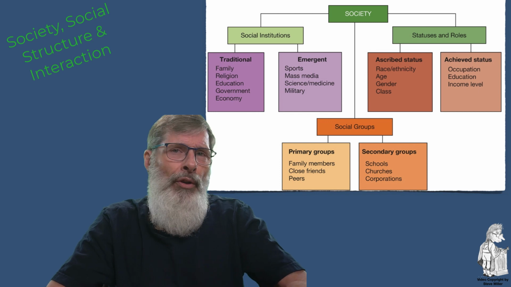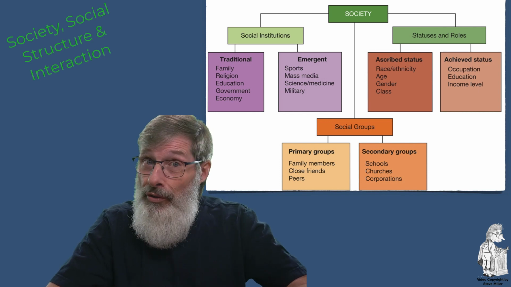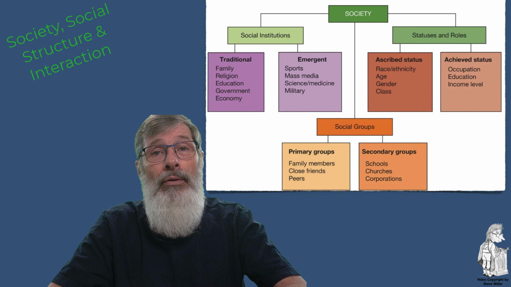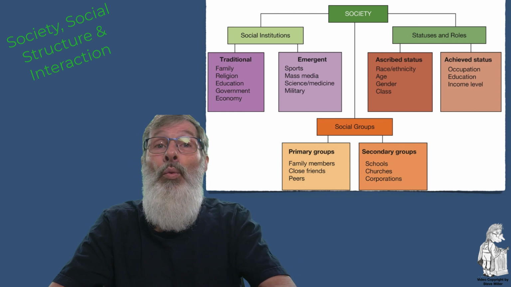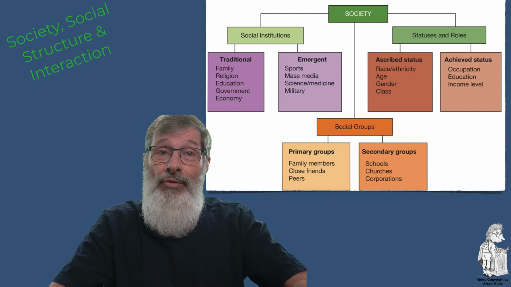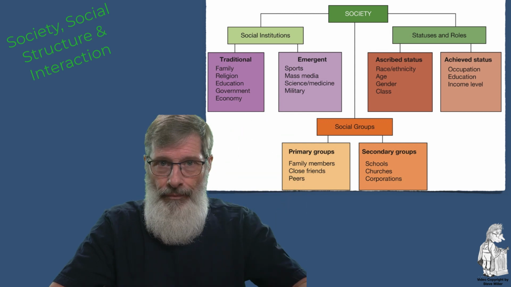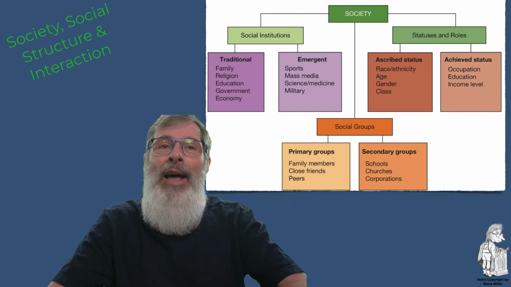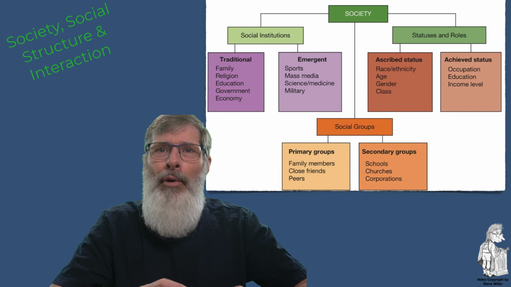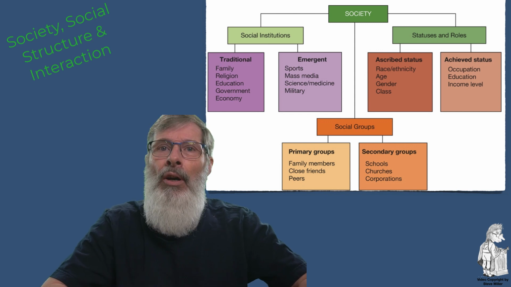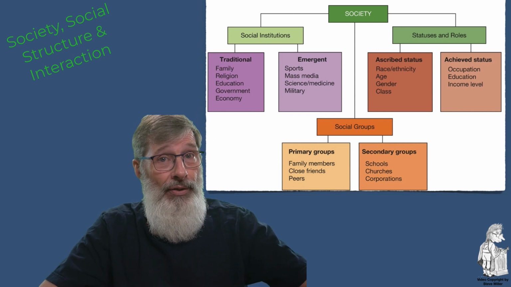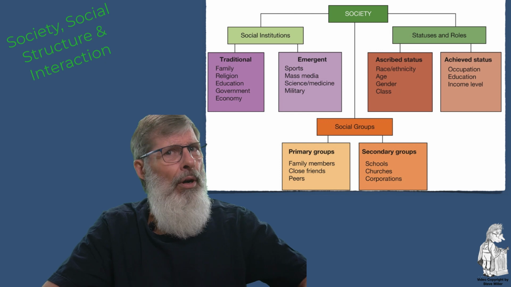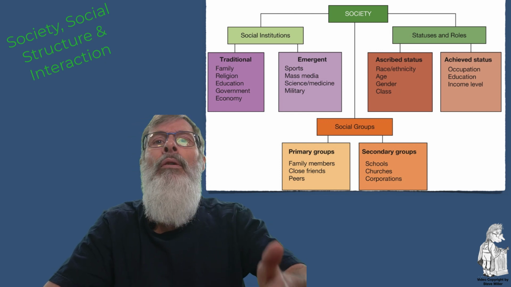This structure includes social institutions, groups, statuses, roles, and norms, and we're going to look at each of those. It provides a map for our encounters, but it may also limit our options by creating boundaries that define which persons are on the inside and which are on the outside.